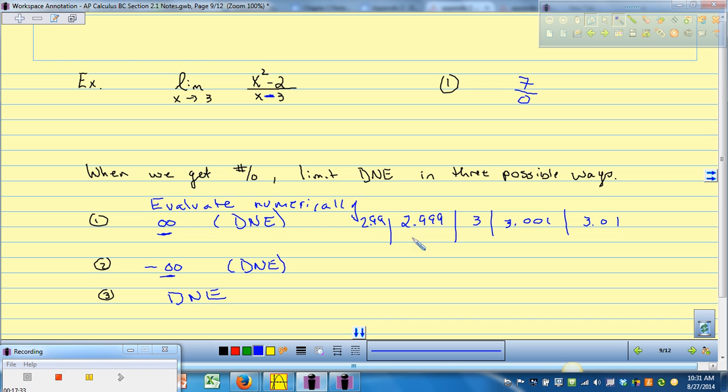So when you see this, for me, I want you to write does not exist going towards infinity, or does not exist going towards negative infinity, or does not exist. Now, on the AP test, on a multiple choice question, they will not have infinity and does not exist as your options. They will give one or the other, so they will never confuse you by putting both of those on there. What is the case for number 3?